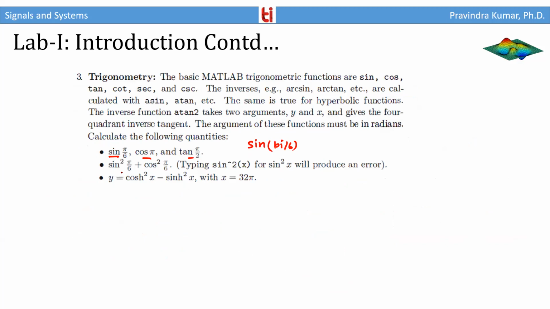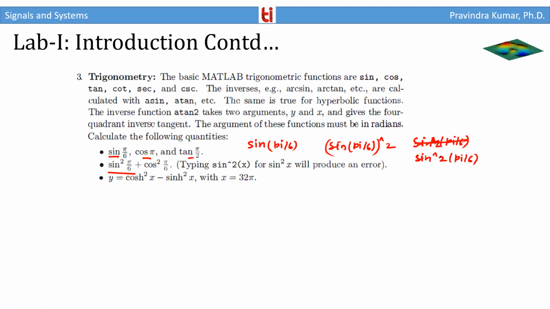Sine square. So for the sine square of pi by 6, you can write sine pi by 6 and the whole square of this. You should not write it like sine square pi by 6.